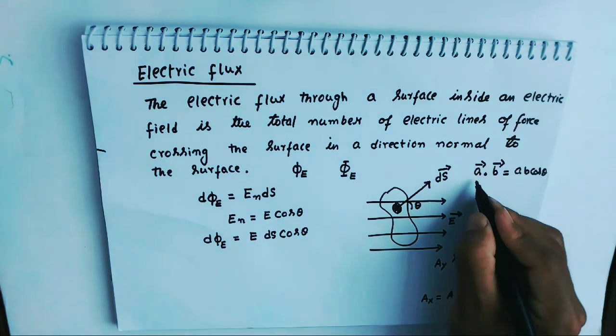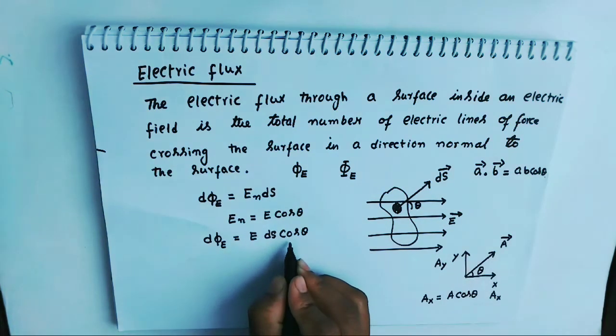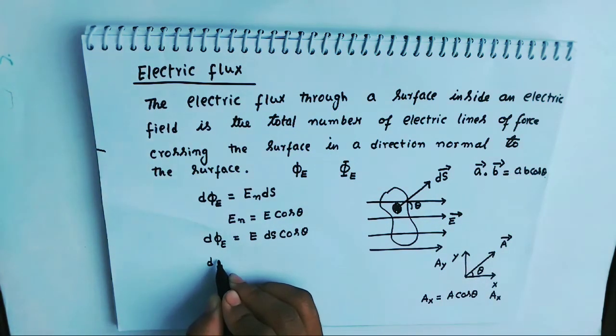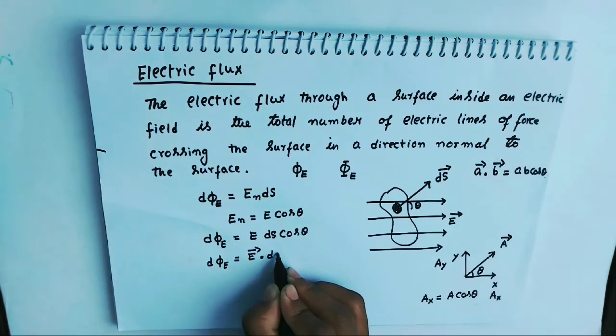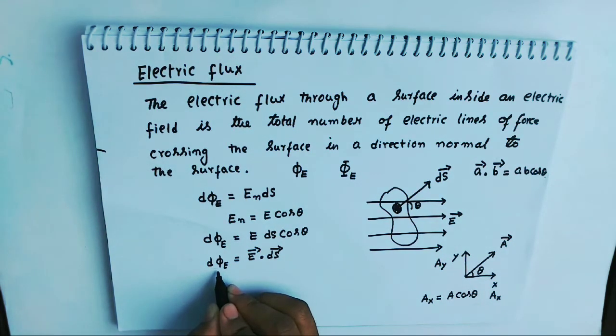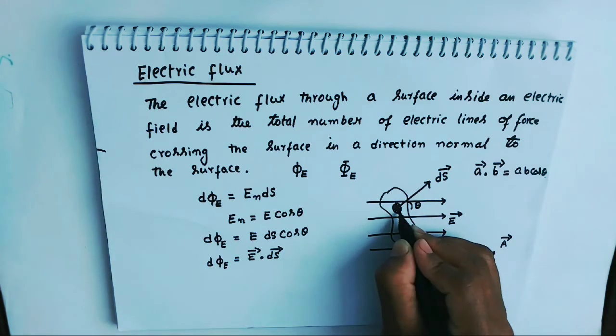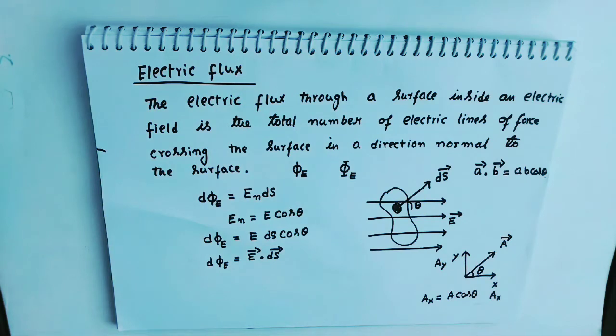So if we apply this dot product in this equation, we can write d phi E is equal to E dot ds. This is the flux through a small area element ds.